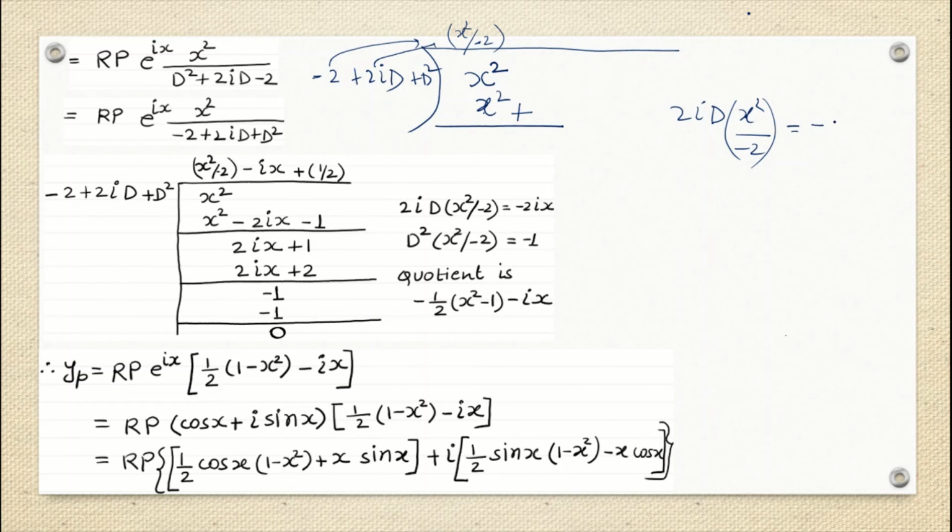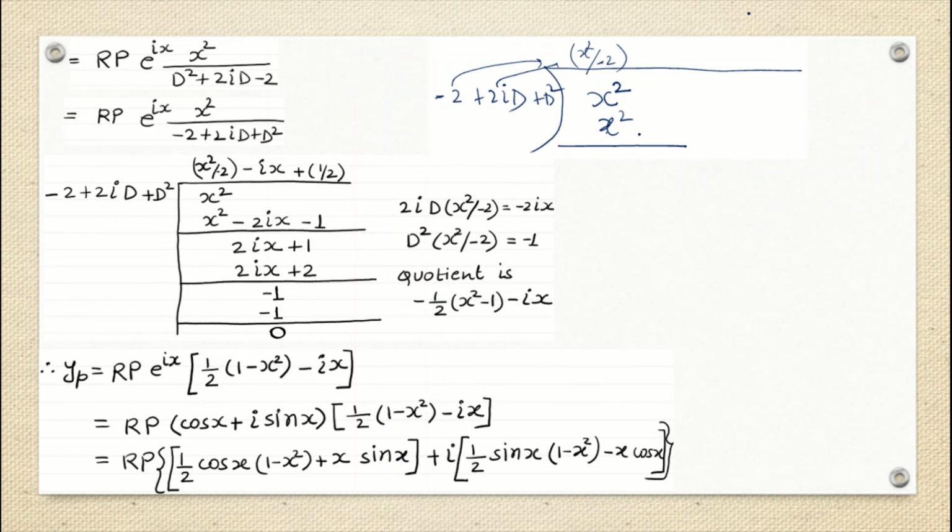This is nothing but minus i d of x square, or I can write down minus i d by dx of x square, or minus i 2x. Fine. So I got that this is nothing but my minus i 2x. Going to write minus 2ix here, correct? So whatever I got from 2i d of x square by minus 2, I'm writing here.